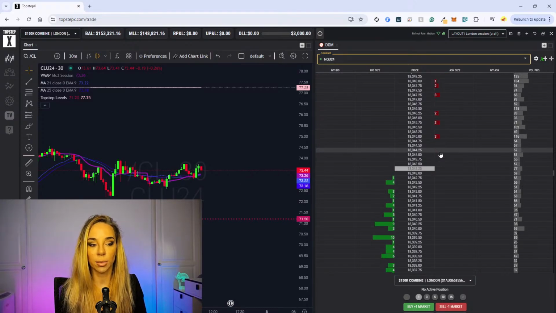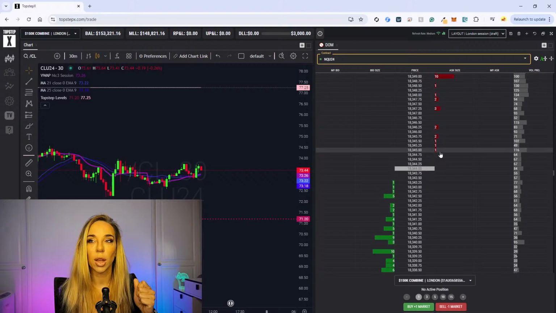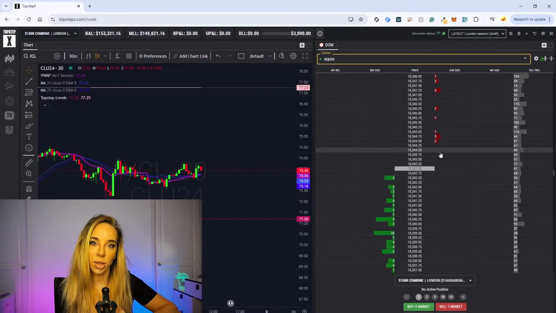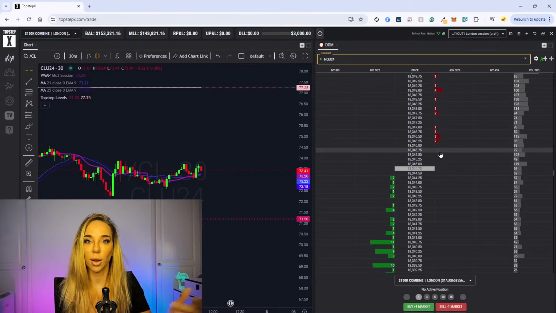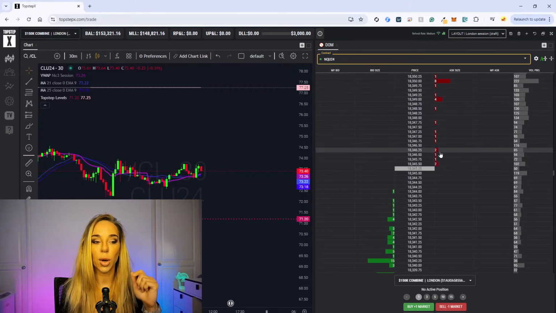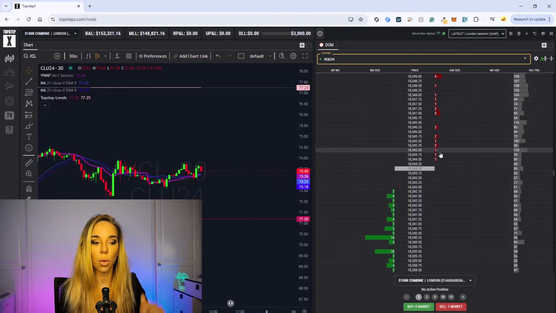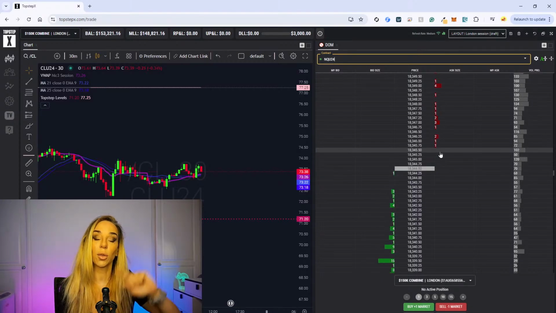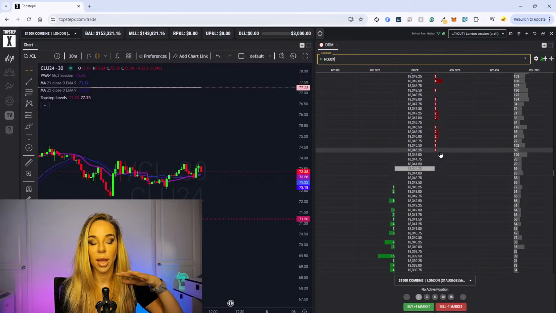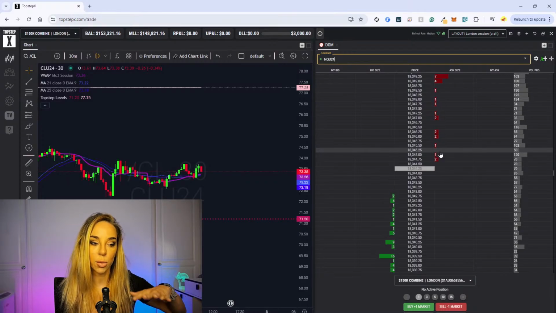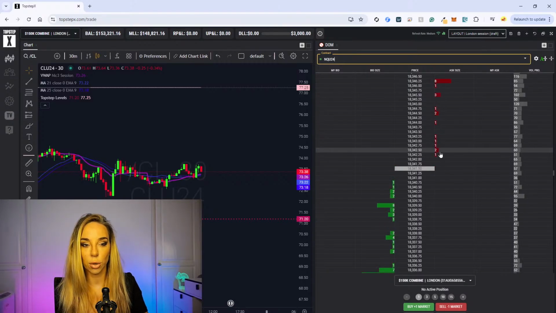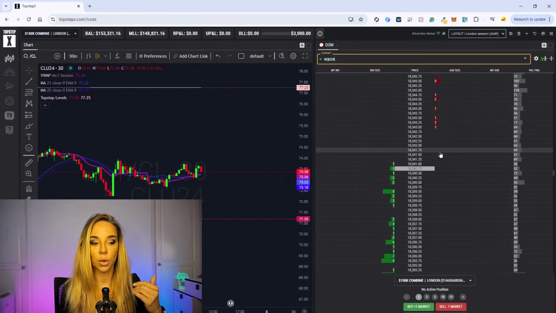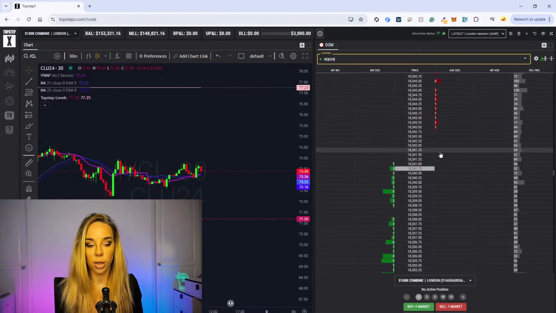However, at the same time, these sort of moves do lend themselves to very slippy, teleporty type moves. So as Dolby says, price is teleporting. Well, price can definitely teleport from one price to where there are contracts available in the blink of an eye. And this is why we say size down, don't trade if you don't have to, make sure that you're not sizing up too much if you've never traded these sort of markets.